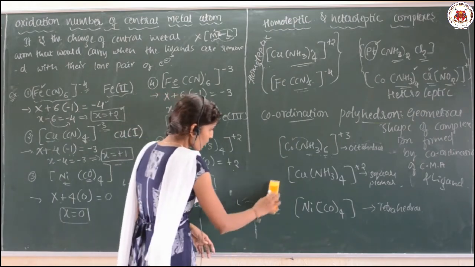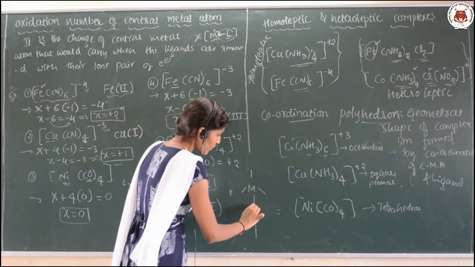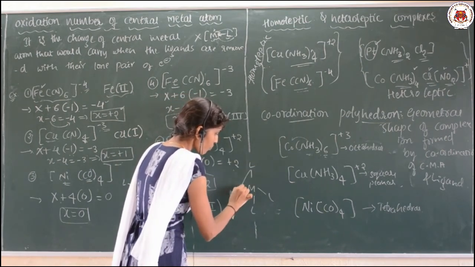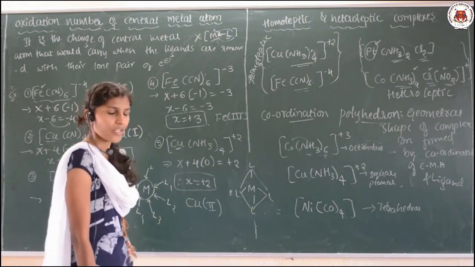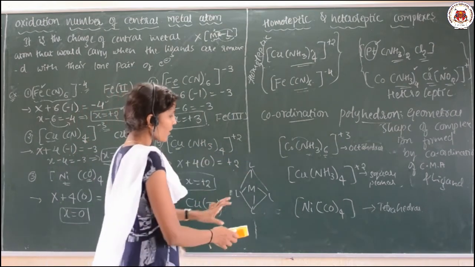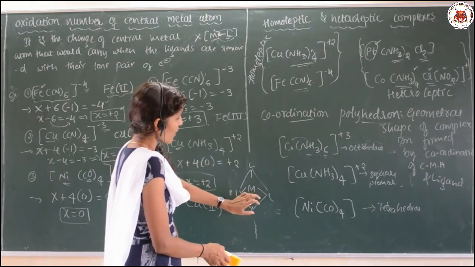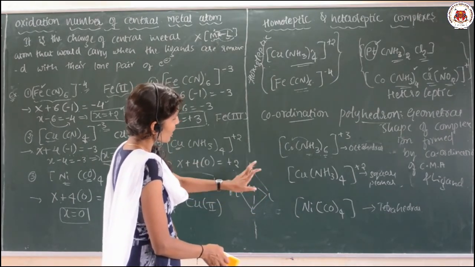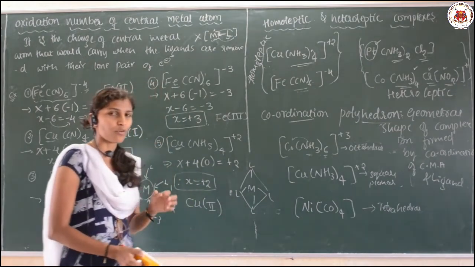Suppose those are surrounding in this way, it means it is a tetrahedral. So what is a coordination polyhedron? It is the geometrical shape of the complex ion formed by the coordination of central metal atom and ligand. So this is how we can explain a few of the terms here.